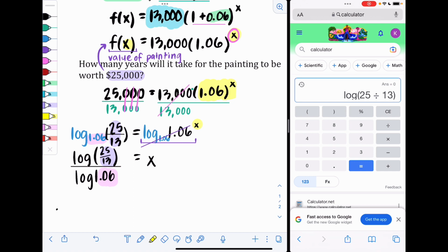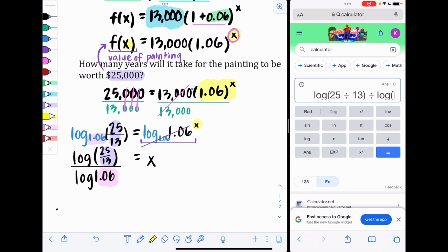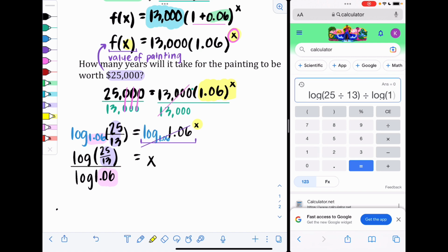Make sure you close the parentheses, then hit the division sign, go back to log of 1.06, and hit enter and you're good. Even though it looks really ugly on paper, it's not too bad. Log of 25 over 13 over log of 1.06 ended up being about 11.2.